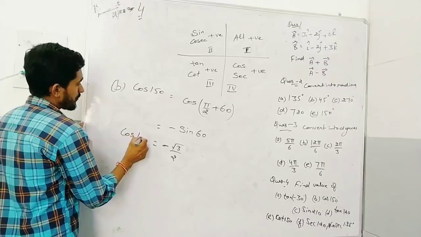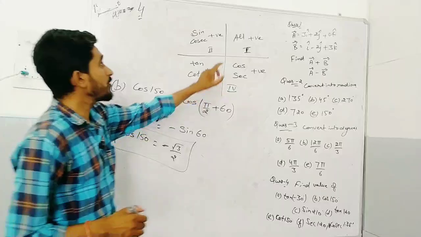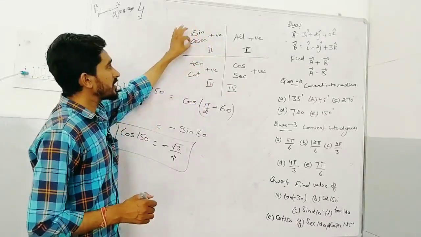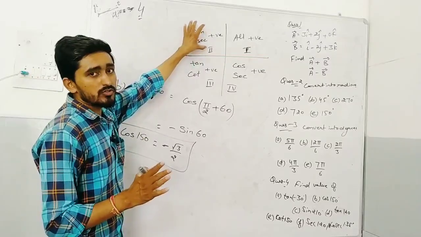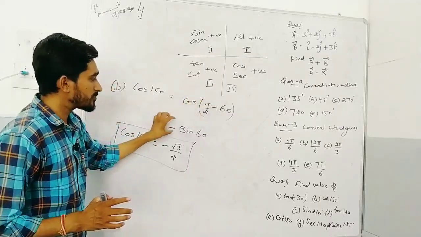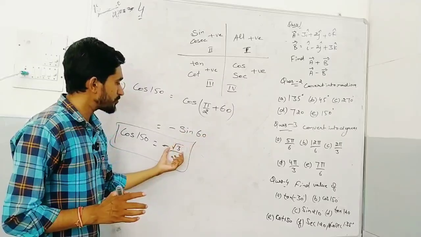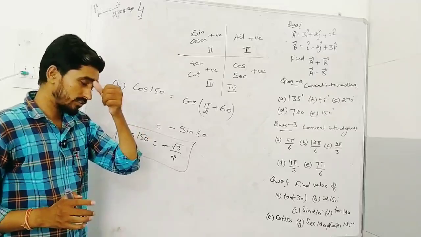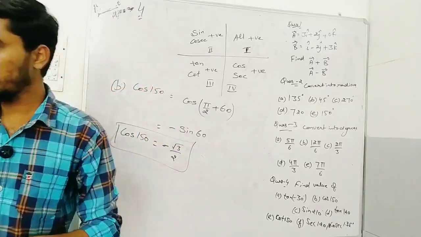Cos 150 gives the value minus root 3 by 2. Note it down. Points to remember: in the second quadrant sine and its reciprocal are positive, all other four trigonometric ratios are negative. Here we have cos with a negative sign, sin 60 is root 3 by 2, and cos of pi by 2 plus 60 is minus sin 60. Note it down if you want to.